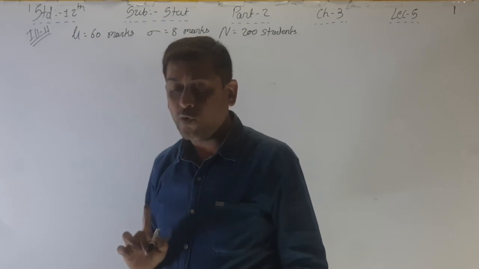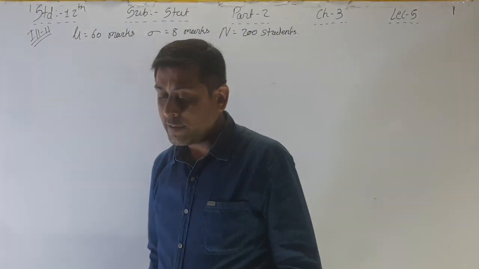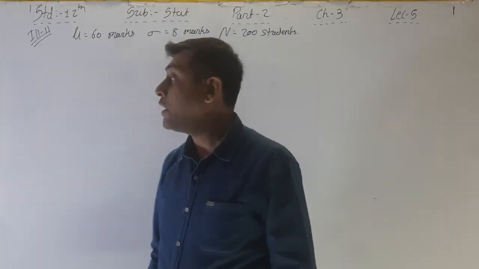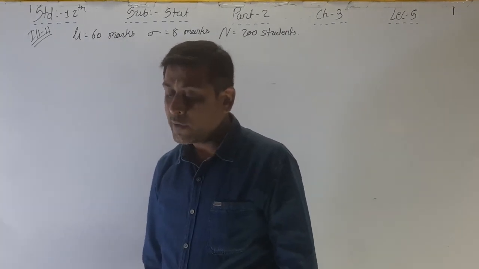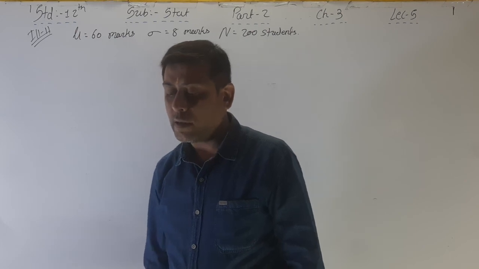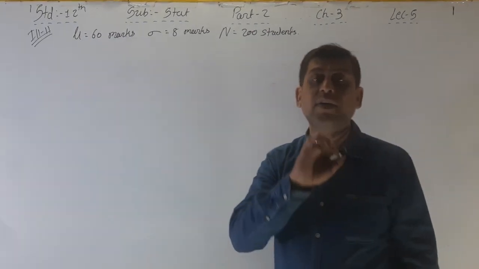Number of students we have to find out in first point. That's why capital N is equal to 200, mu is equal to 60 marks, and sigma is equal to 8 marks. Okay. Now we have to find out the probability that the marks obtained by the students is 70 or more.